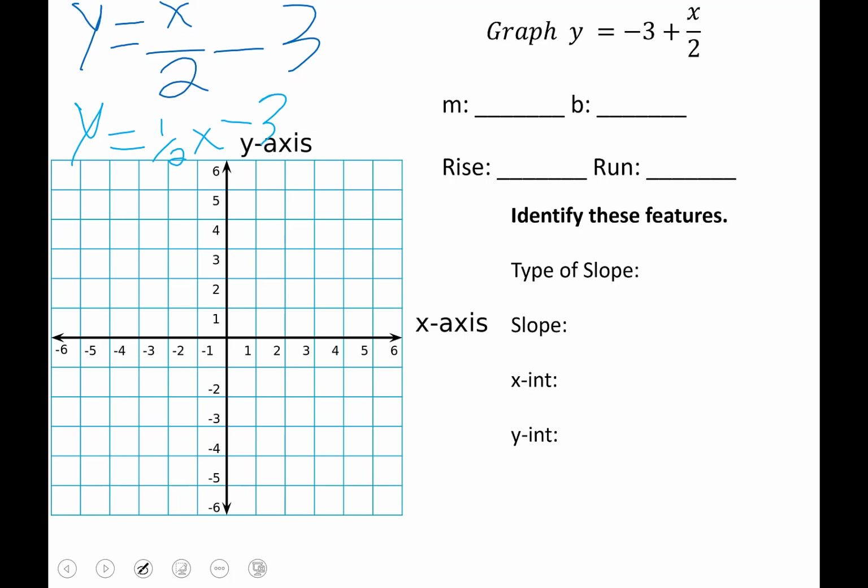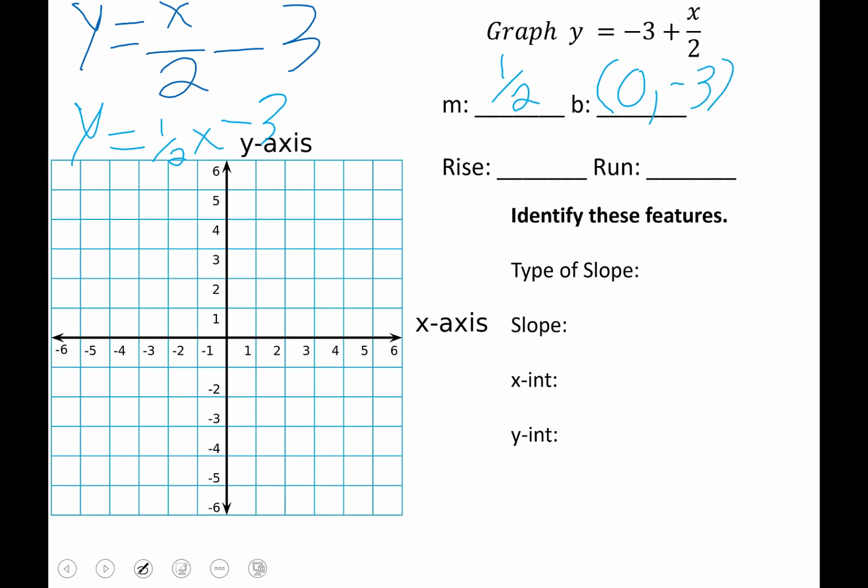Anytime you have a number dividing your x, you can take it as a fraction, 1 over that number. It'll make it a little easier for you to work these out. All right, so my m is 1/2. My b, or my y-intercept, is the point (0, -3).